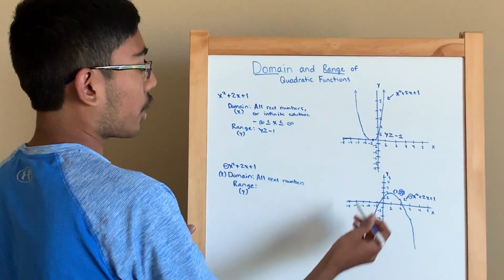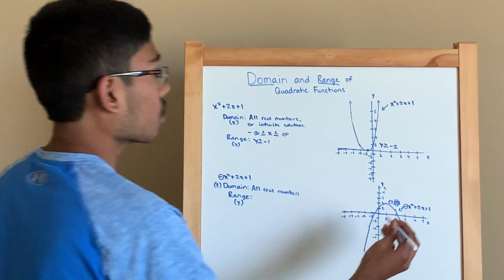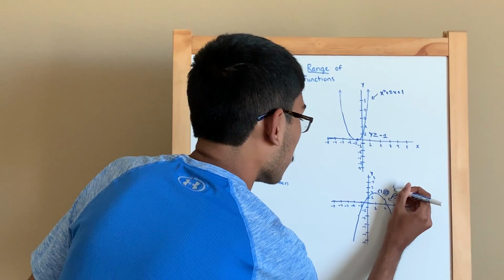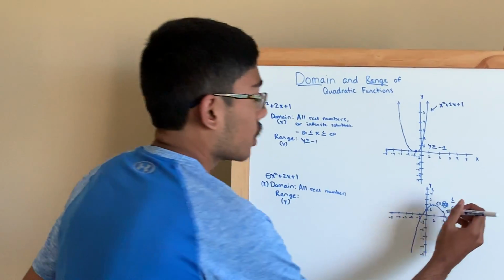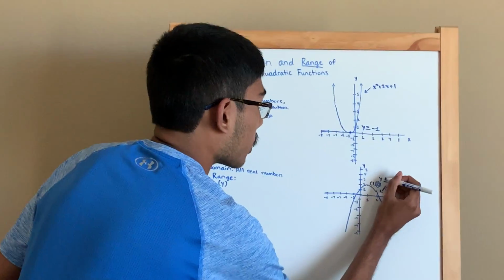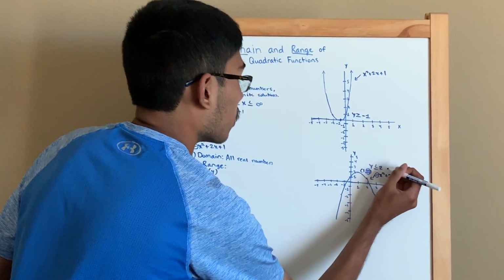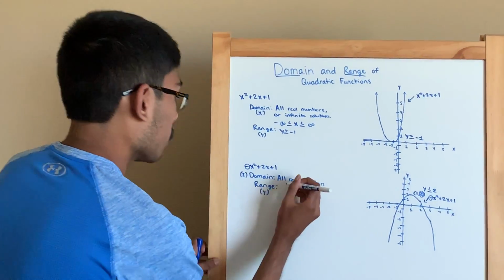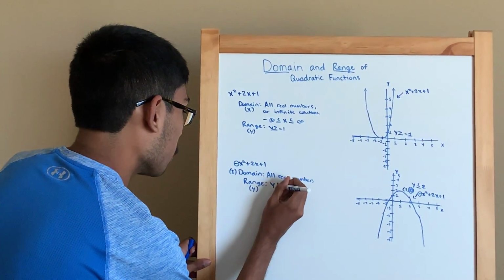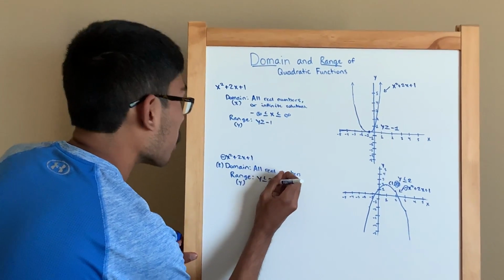And since the graph is pointing downwards instead of upwards, this would be less than or equal to, not greater than or equal to. So y is less than or equal to 2. So we'll write that here. y is less than or equal to 2.